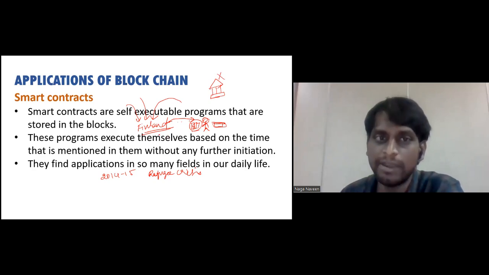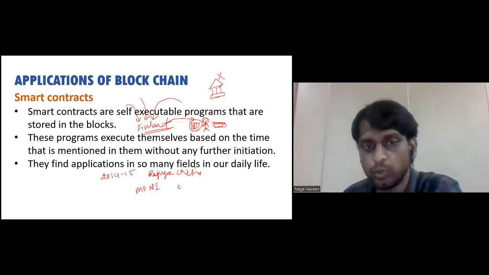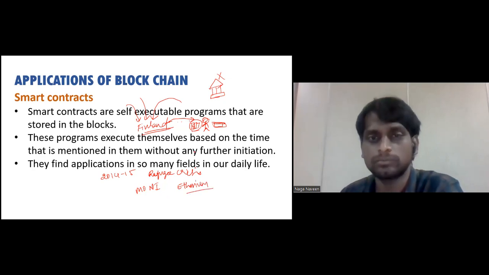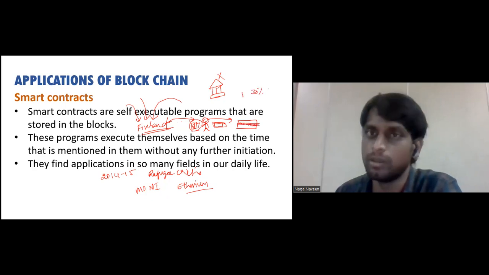So what happened is Finland collaborated with a startup called Moni, which used the Ethereum blockchain platform. They have given prepaid cards to these people, through which the government will give money to them. In the first year, he is entitled to a 30% discount on groceries and some 5% discount on fuel.